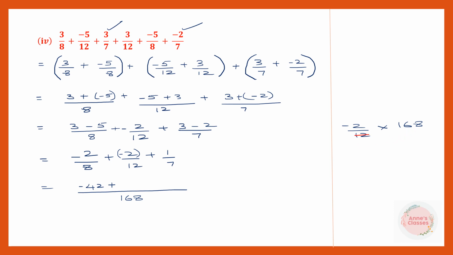Okay, 4 threes are 12, 4 fours are 16, 4 twos are 8. Now again let's try with 3. 3 ones are 3. Now here 3 ones are 3. There's 1 left now. So that's 12. 3 fours are 12. So we have 14. Now multiply the numerators. 2 into 14. So the sign is minus. 14 twos are 28. So we can write that there, minus 28, and the last one is 1 by 7.